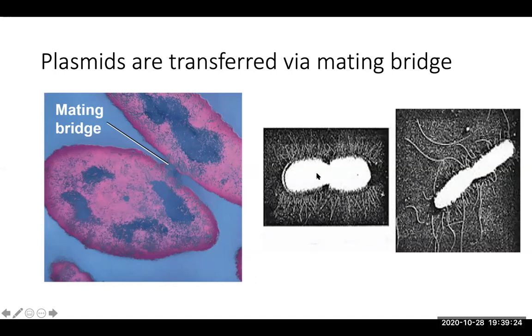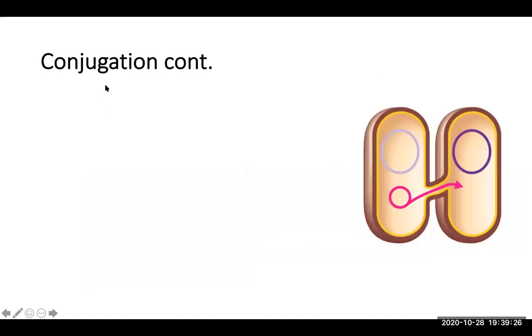Continuing on with our process of conjugation, once that mating bridge is established, you're going to have simultaneous transfer and replication of the plasmid. The F plus cell doesn't want to lose its plasmid. It's going to make a copy. The plasmid, just like the chromosome, is double-stranded.